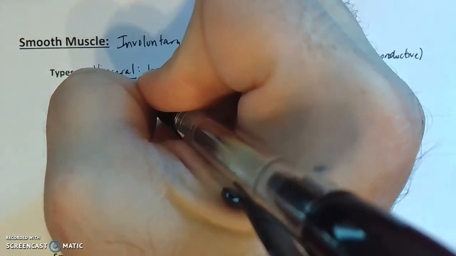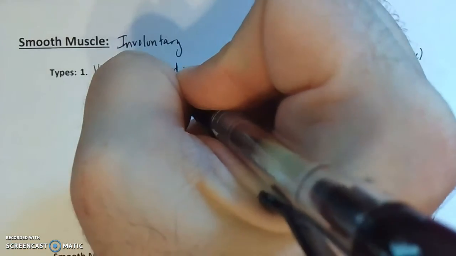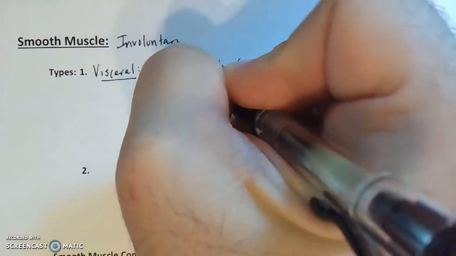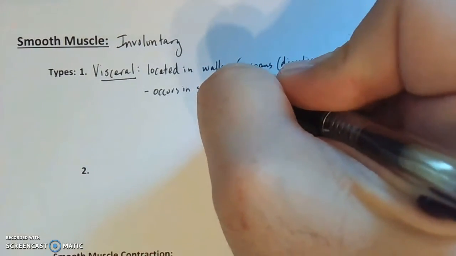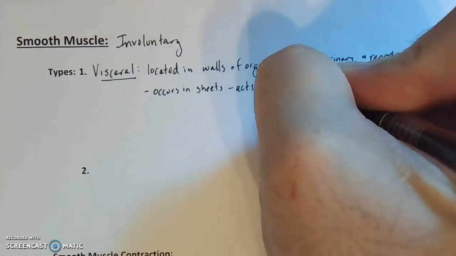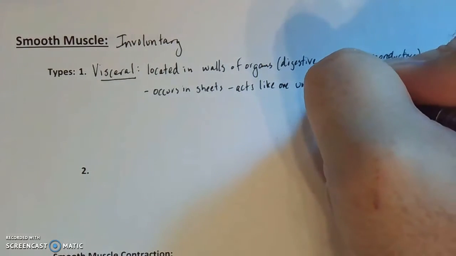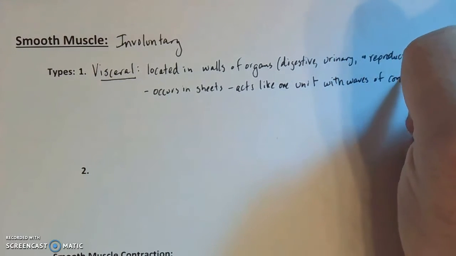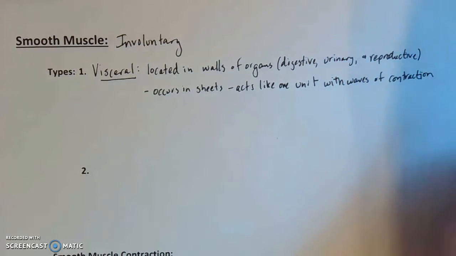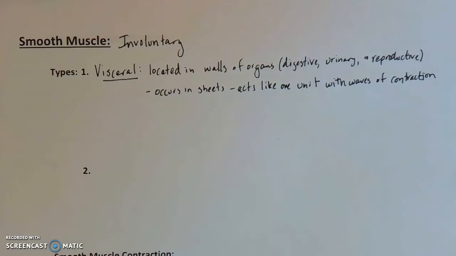And this usually occurs in sheets. So in the walls of the organs, it forms that wall. And it acts like one unit with waves of contraction. So when we think of food being propelled through the esophagus, in the stomach, small intestine, large intestine, it's going to be acting as one unit.